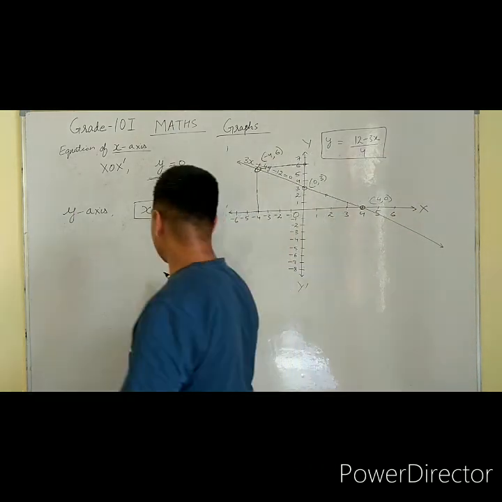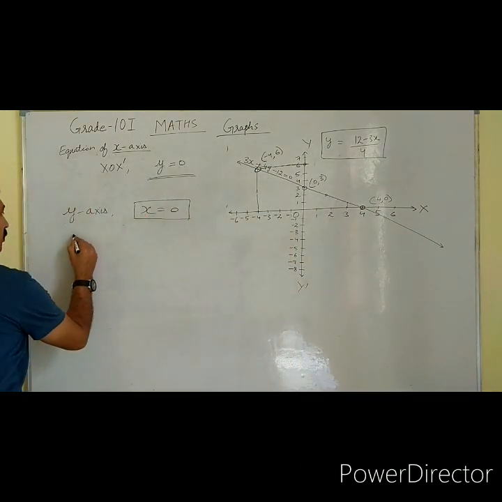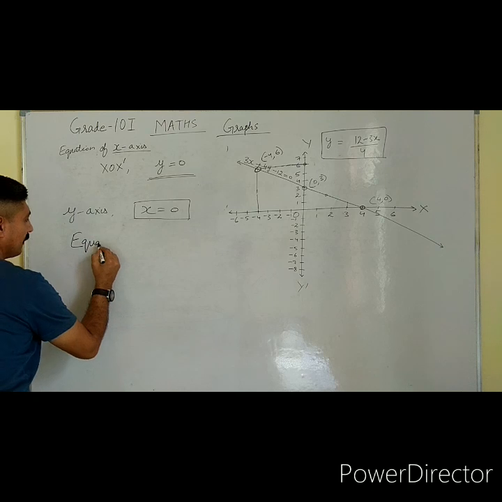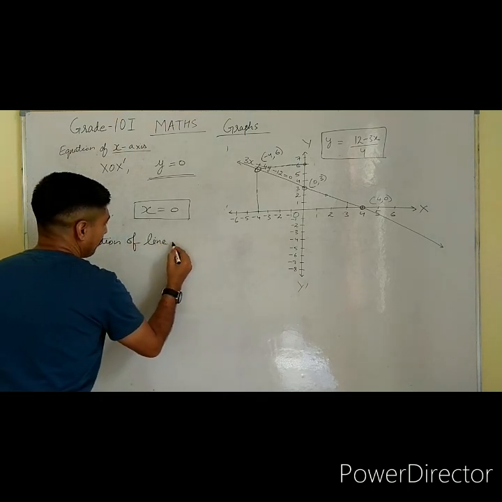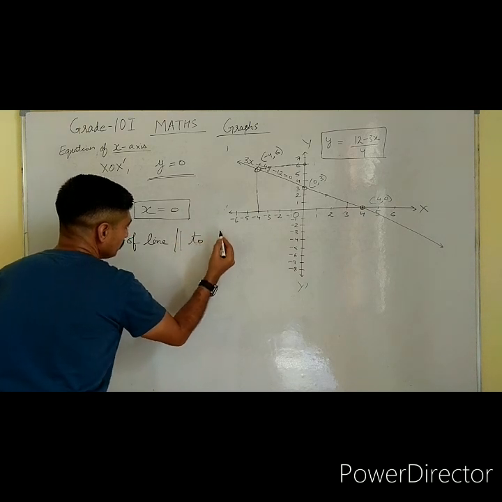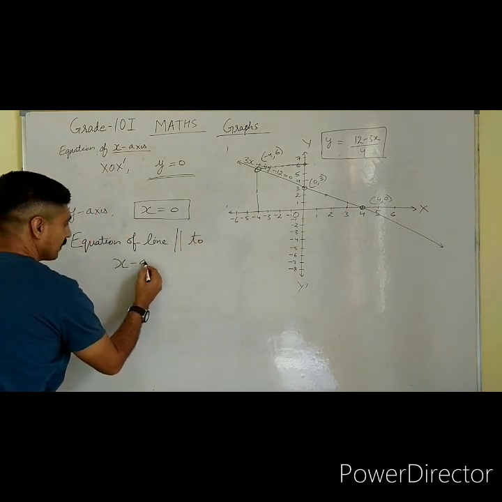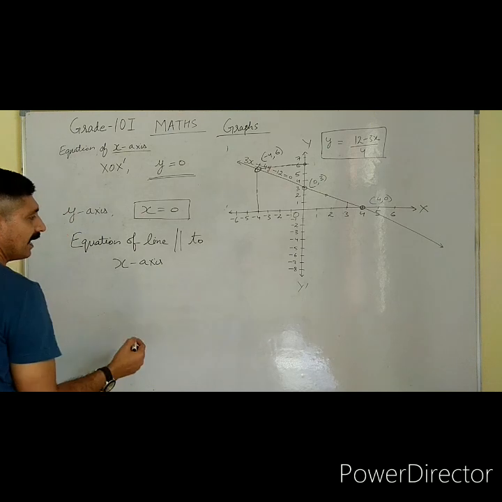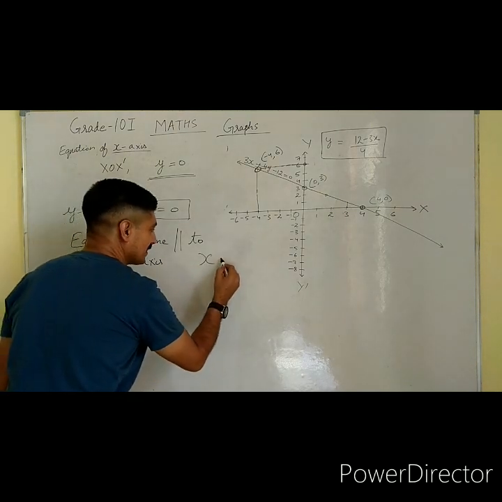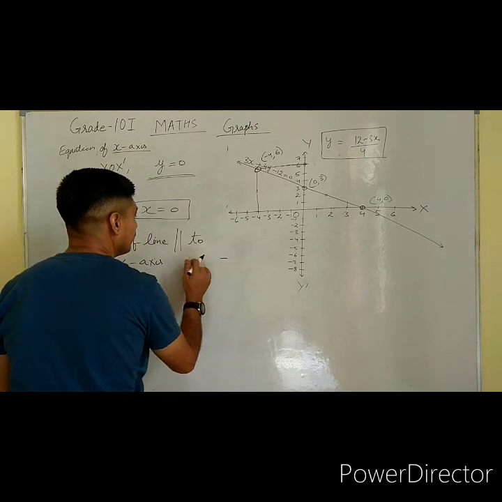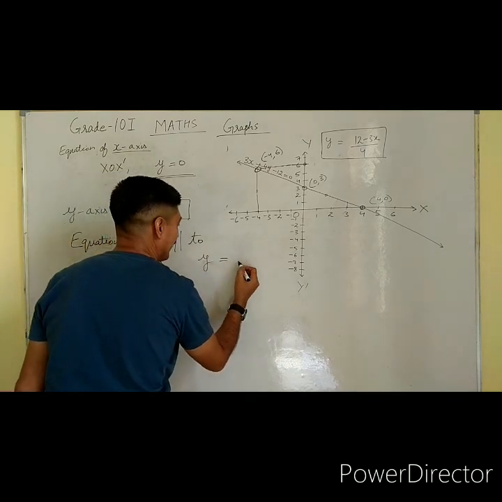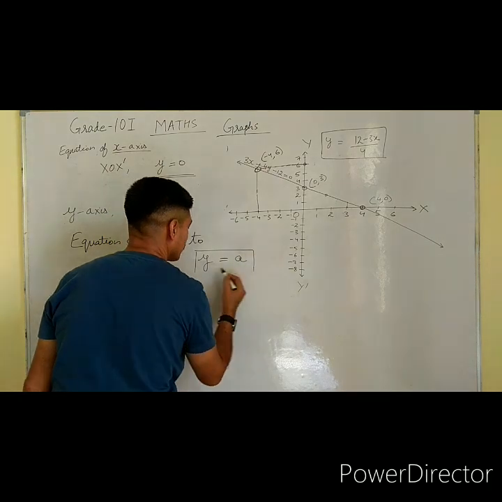The equation of a line parallel to the x-axis is always of the form y is equal to a, where a is any constant.